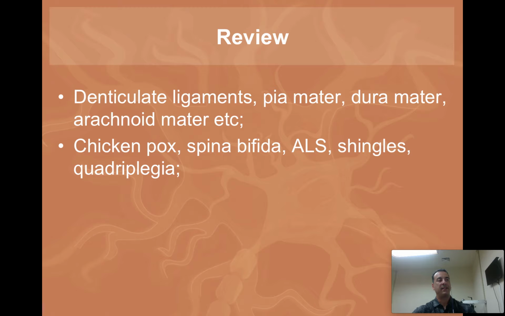If you're following a signal from a sensory neuron to the spinal cord where it synapses with a motor neuron that leaves the spinal cord and synapses on a skeletal muscle, the route that you're going to take is dorsal root to dorsal horn to ventral horn to ventral root to spinal nerve.